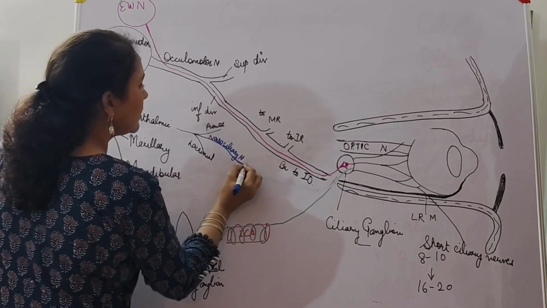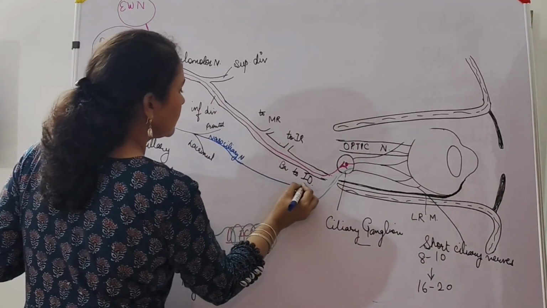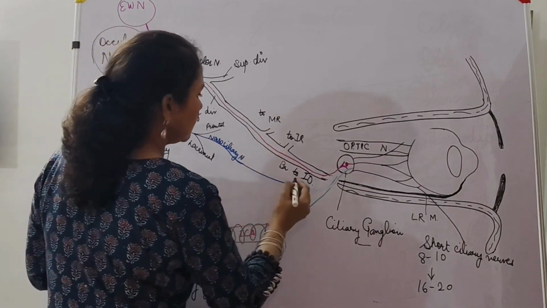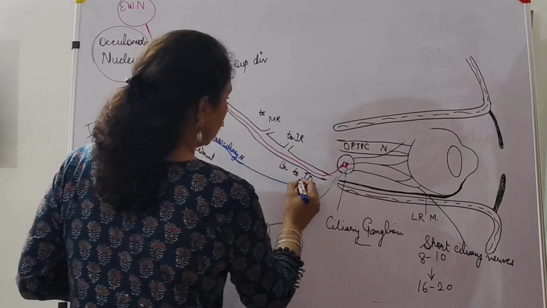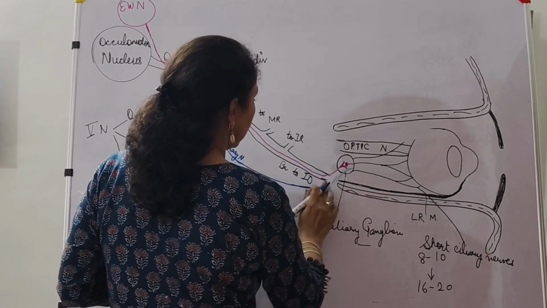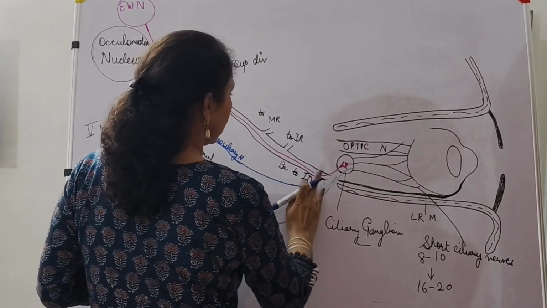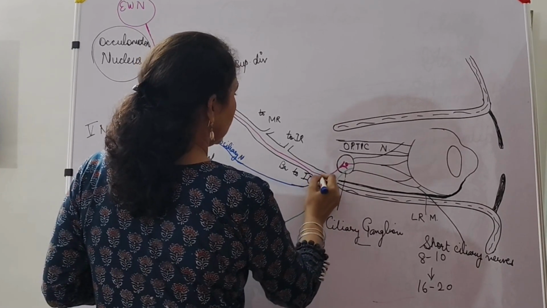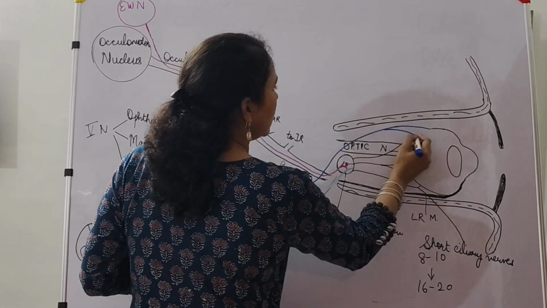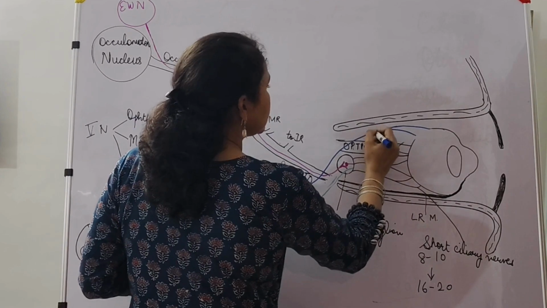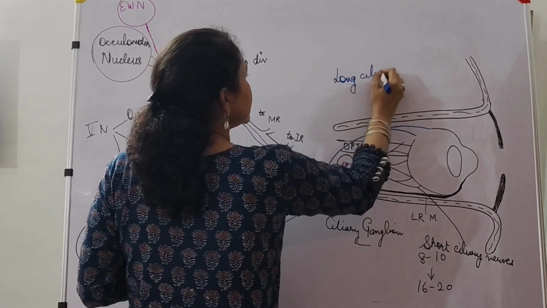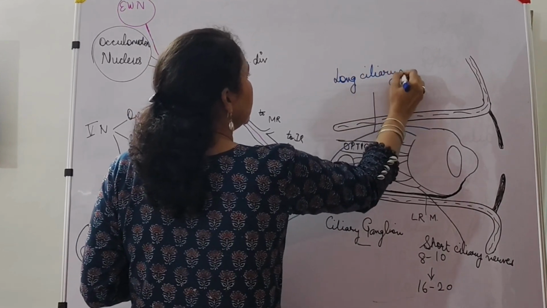Now the nasociliary nerve approaches the orbit and gives many branches to the eyeball. These branches are called long ciliary nerves.